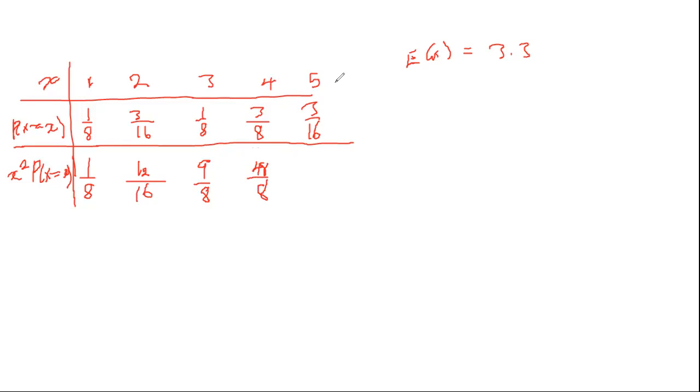Then 5 squared times 3/16, that is 75/16.